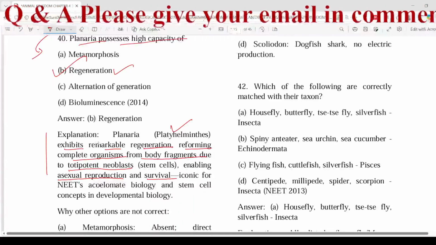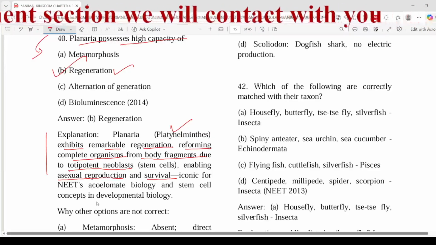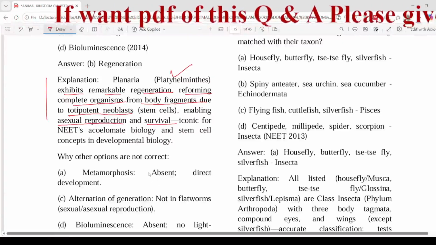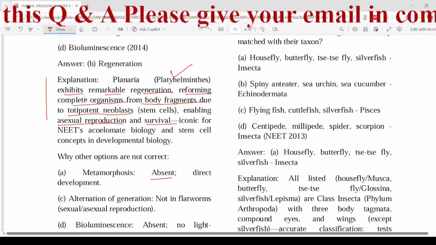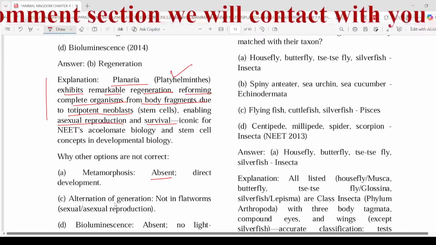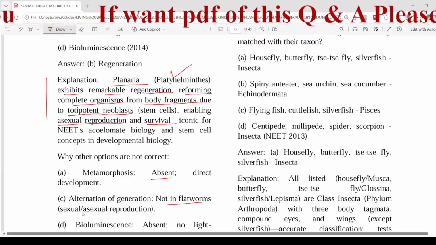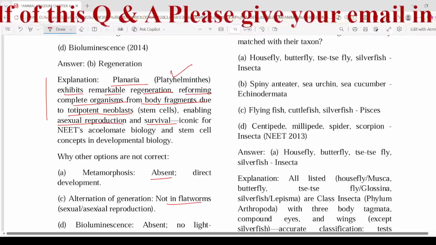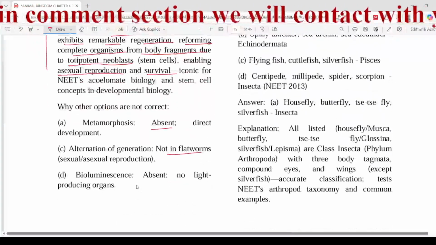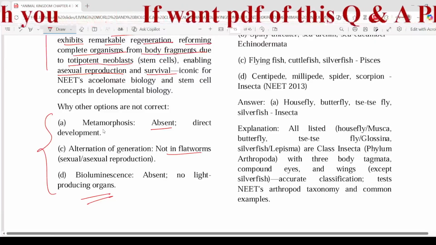Other options like metamorphosis, alternation of generation and bioluminescence are not correct, because metamorphosis is absent in platyhelminthes or planaria, alternation of generation is not found in flatworms, it is found in Cnidaria, and bioluminescence is also absent.